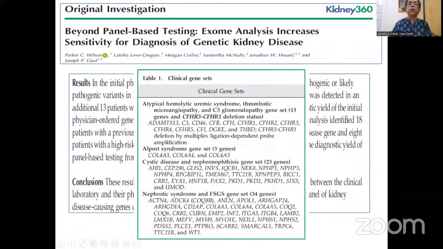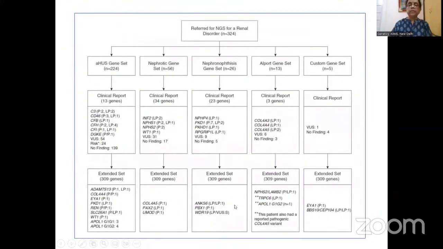So what they did initially was they had different panels for different groups of disorders. Like here you have hemolytic uremic syndrome, thrombotic microangiopathy, C3-related glomerulopathy, LPOT, cystic disease, and nephrotic syndrome. These are the genes which they included. And then the yield was about 13% overall.